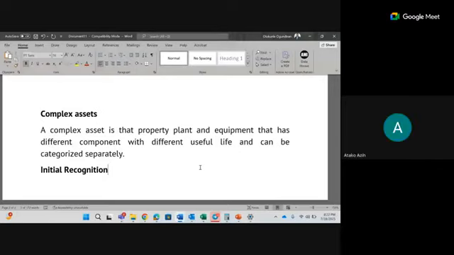An item of PPE, including commissioning.